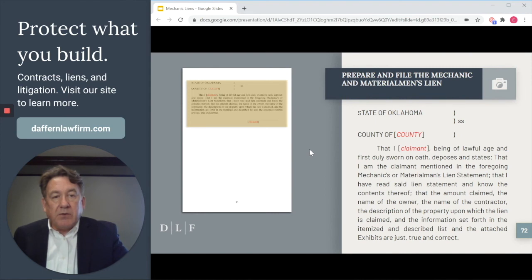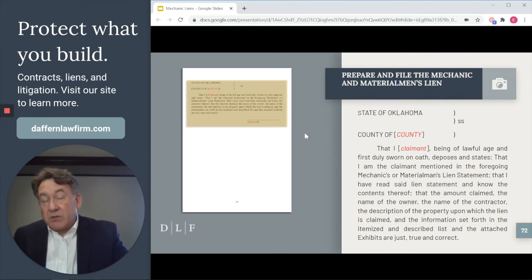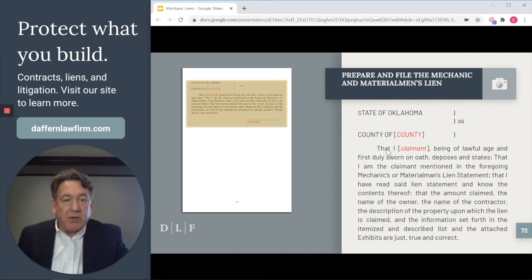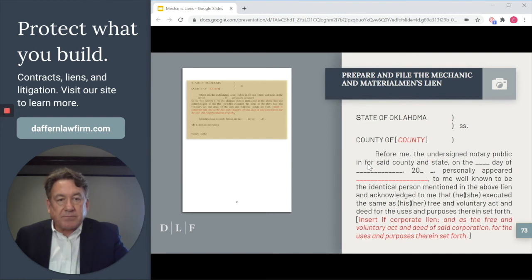Again, then you list the amount that is owed. And then again, you need to do a verification that all the information in there is correct and accurate, so you put in your name, you're the claimant, you put in the county where you're going to file the mechanic lien, and then you list your name in that paragraph.